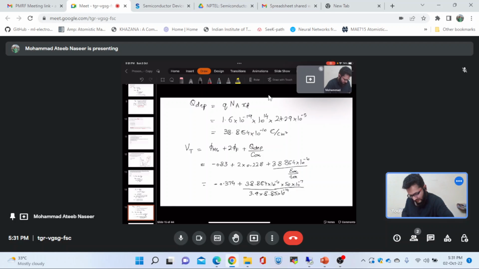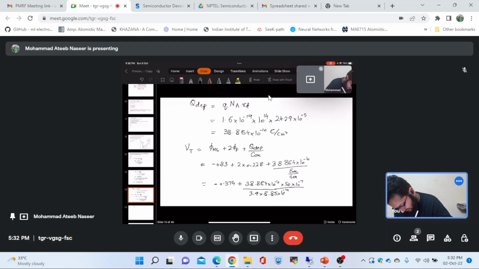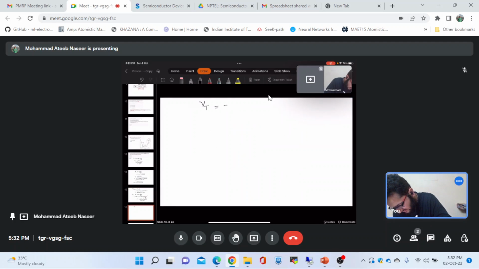Into T divided by 3.9, 3.9 divided by 85. So it's 56.3 into 10 raised to the power minus 3. So let's add some slide. Vt is equal to minus 0.374 plus 56.3 into 10 raised to the power minus 3.